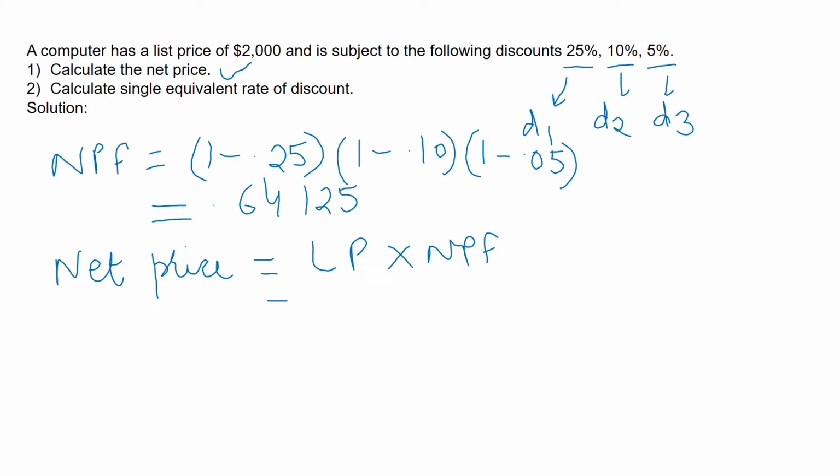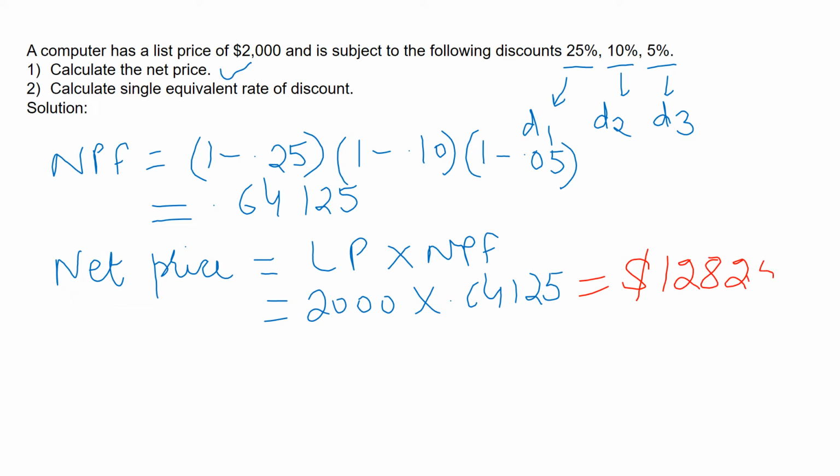So the list price is 2000 times 0.64125, and this comes out to be $1282.5. Because we are talking about money, we'll put another zero after the decimal to show this is 50 cents. So the net amount is $1282.50.